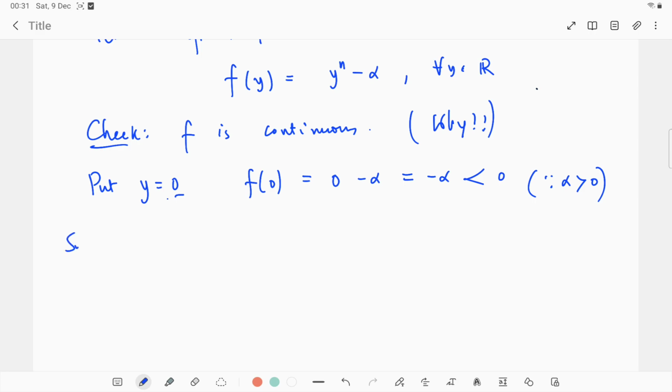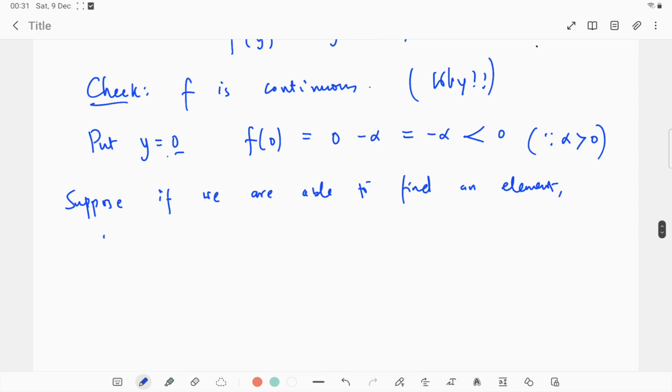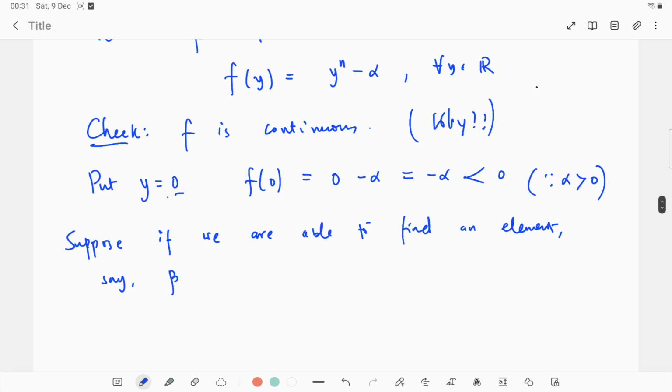Suppose we are able to find an element beta in R such that beta to the power n is greater than alpha.